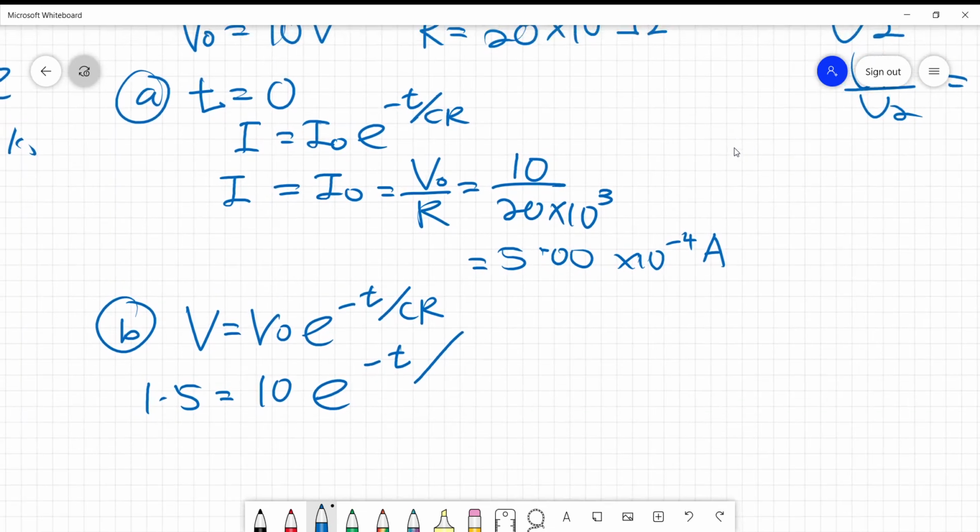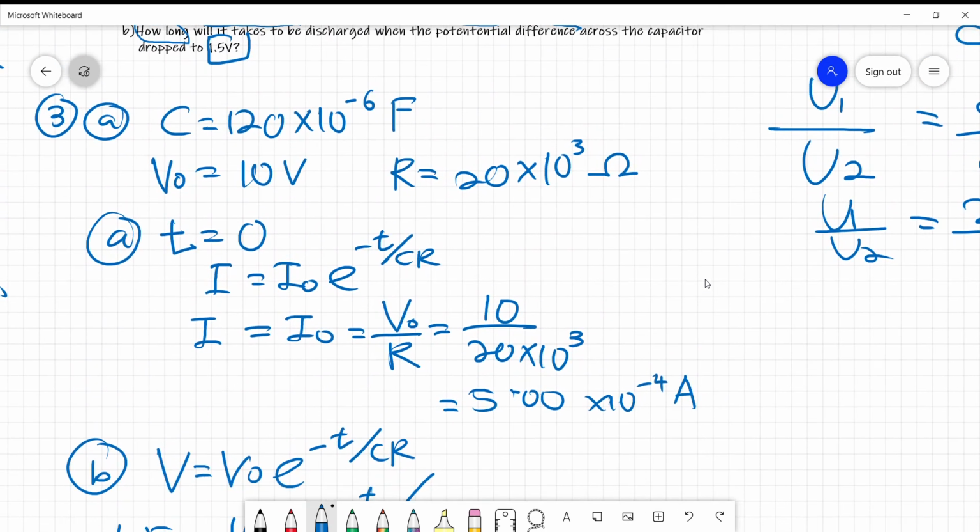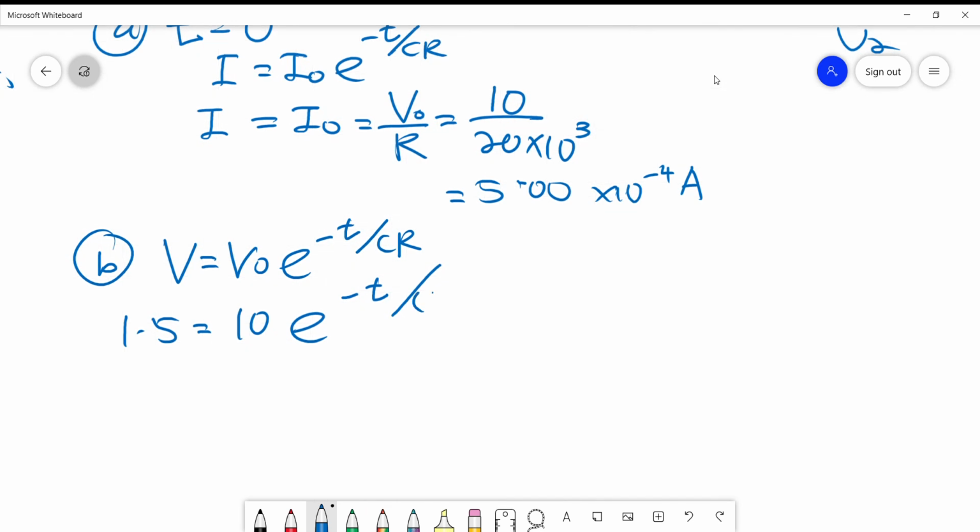The capacitance given here is 120 times 10 to the power negative 6, and the resistor is 20 times 10 to the power of 3.